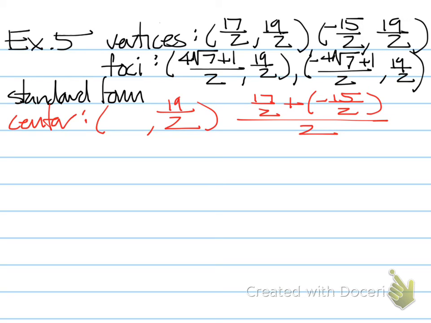So I'm going to add 17 over 2 and negative 15 over 2 and then divide by 2. When I do that, I get 1/2. So the coordinate of the center is 1/2 comma 19 over 2.